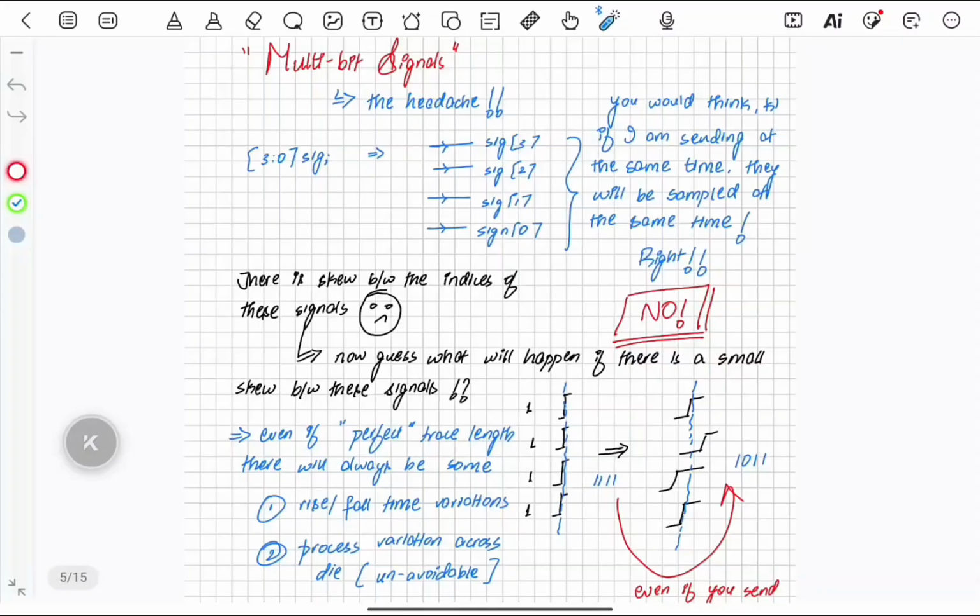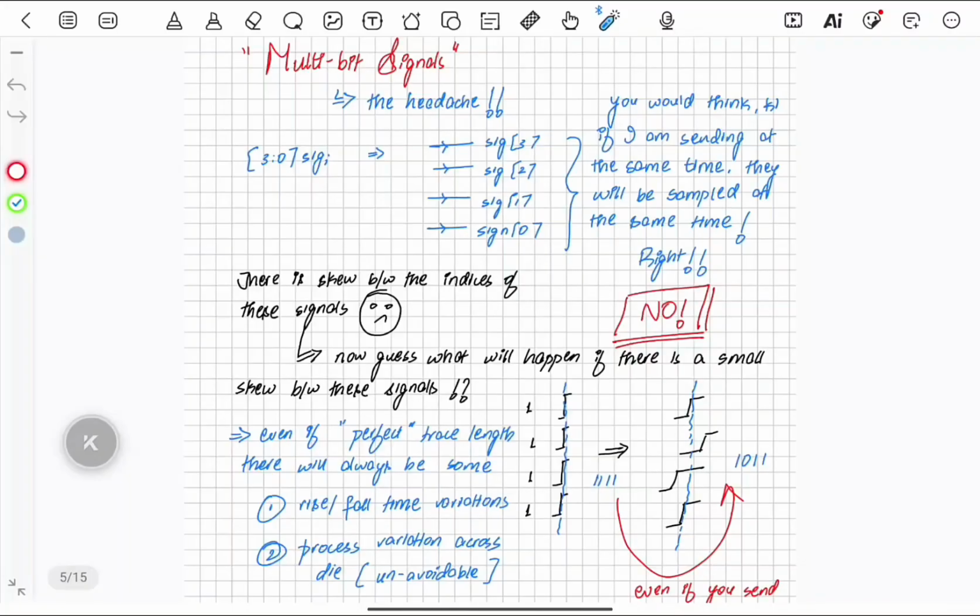We are receiving 1011. We transmitted 1111, but we are getting 1011. Data is not being transmitted wrongly, it is being sampled wrongly. So this is the issue. This skew of the indices of the signal causes this issue.